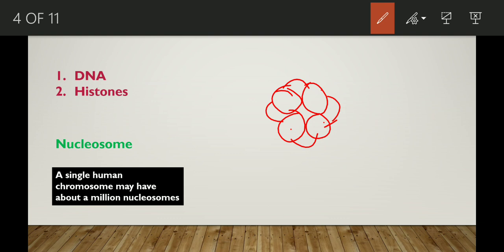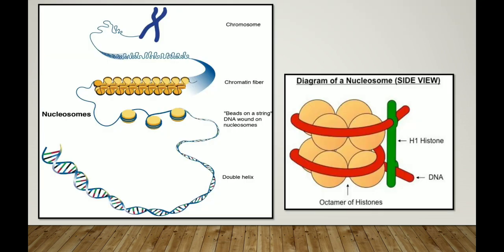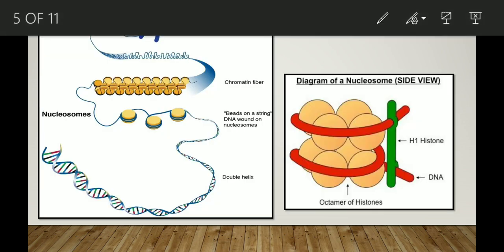Eight histone molecules are present, and the DNA strand is wound around the core of these 8 histone molecules like this. This structure is known as a nucleosome.